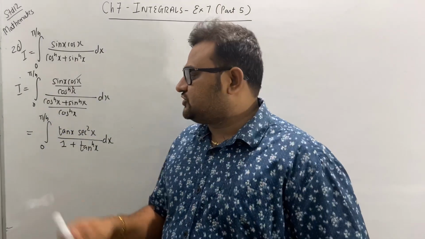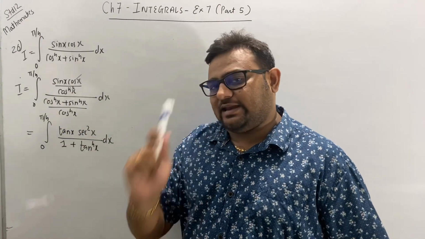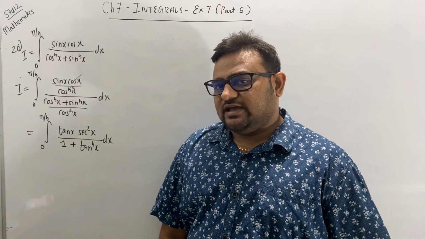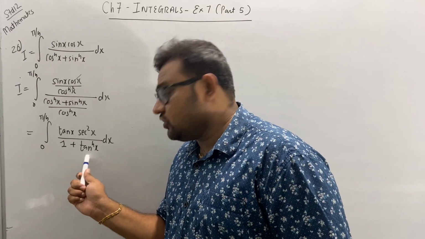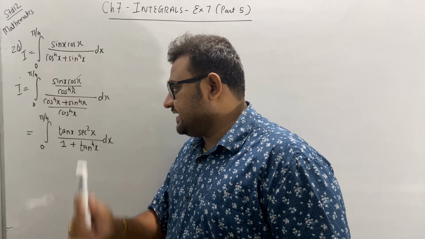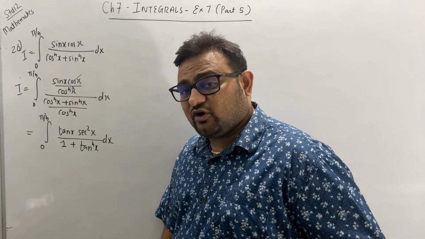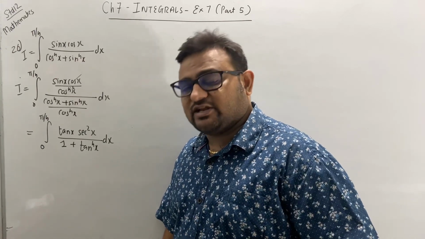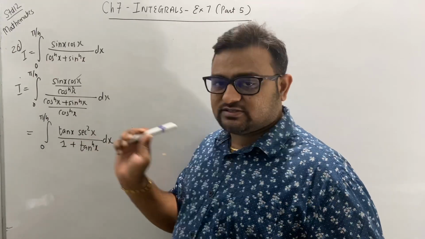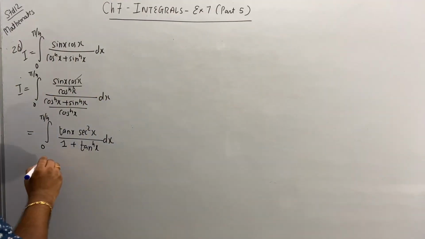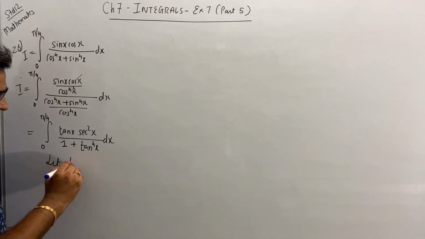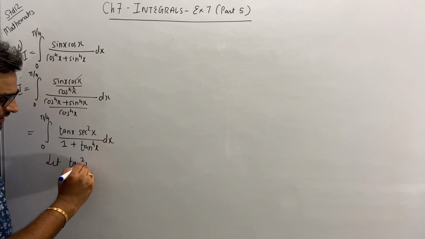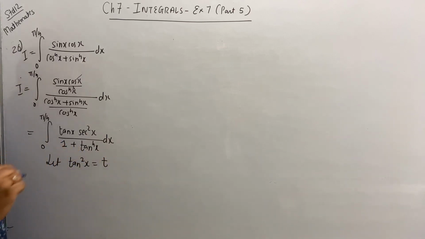Now see, I can assume this tan square x as t. So here will be t raised to 4, sorry, t square. Here I can get the replacement because the derivative of tan square x is 2 tan x into d by dx of tan x, sec square x. So see, let tan square x equal to t.